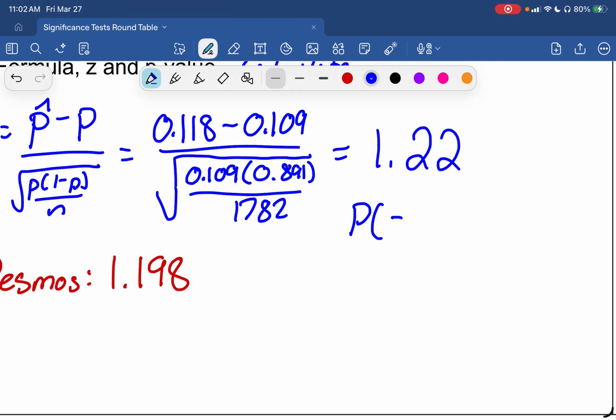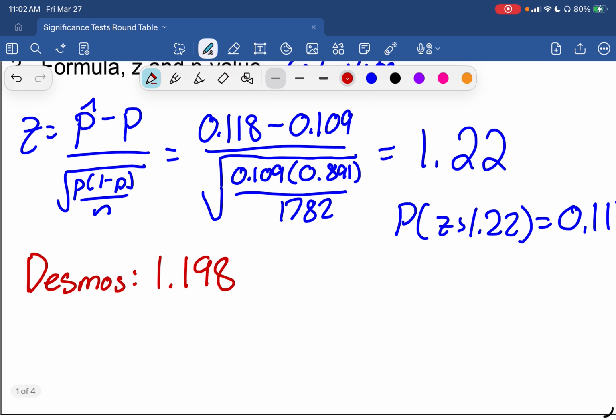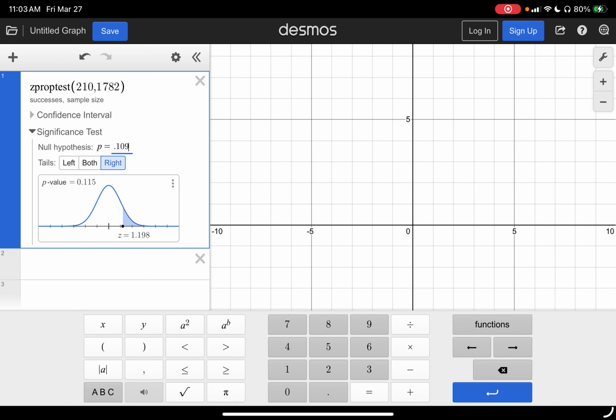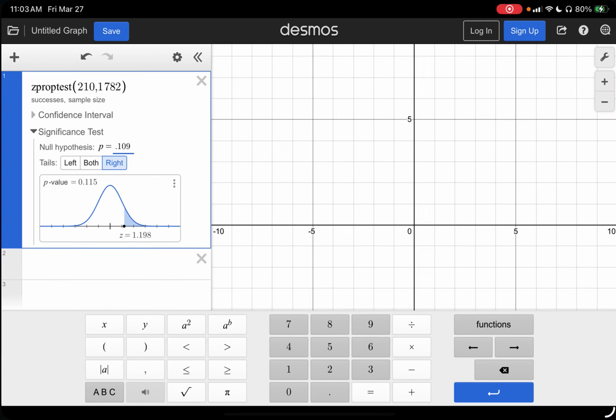If you follow and do this through table A with 1.22, you're going to find that your p-value is 0.11. If you go through Desmos, your probability of Z being greater than 1.198, as we saw earlier, is 0.115.